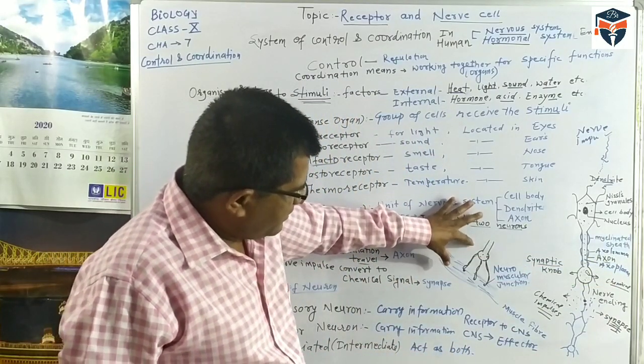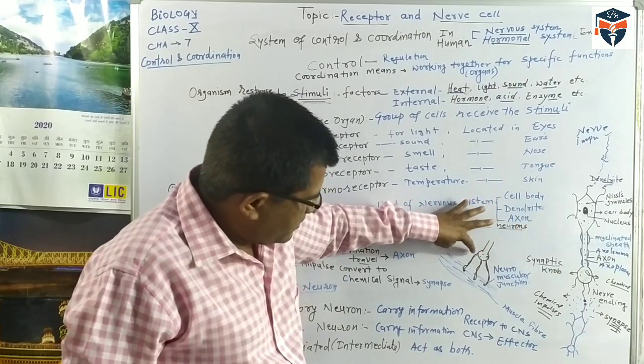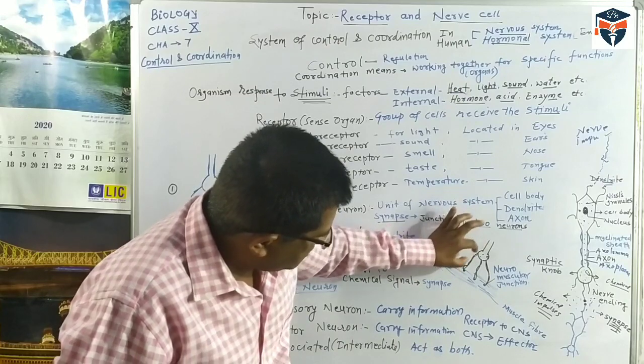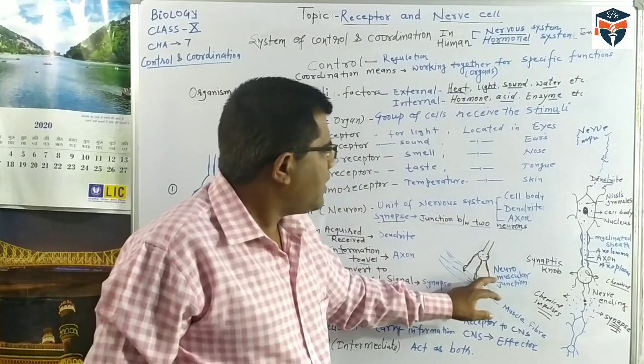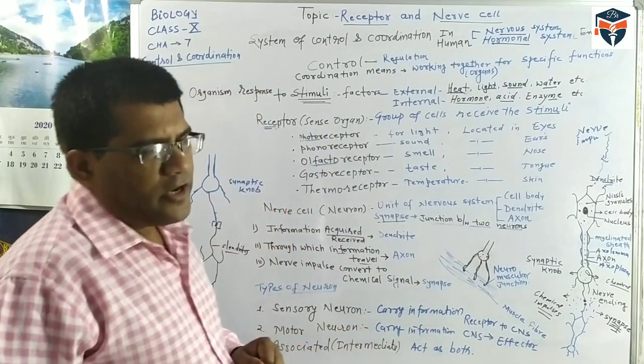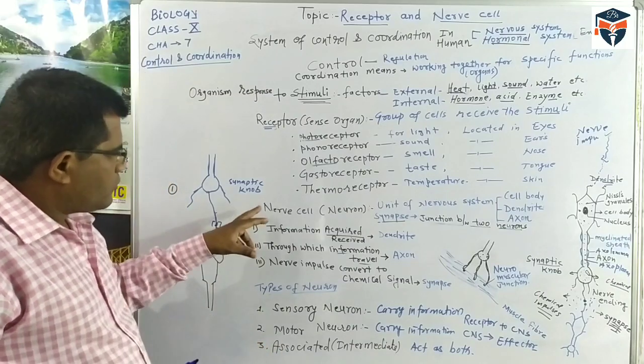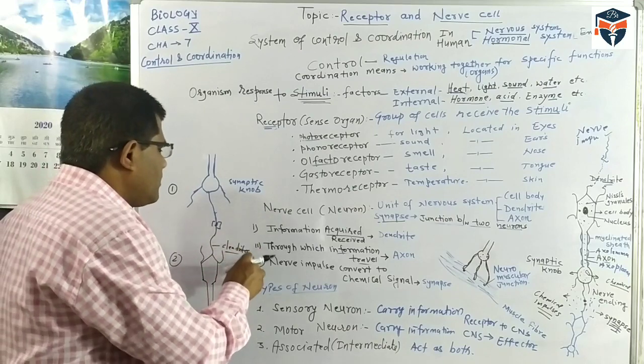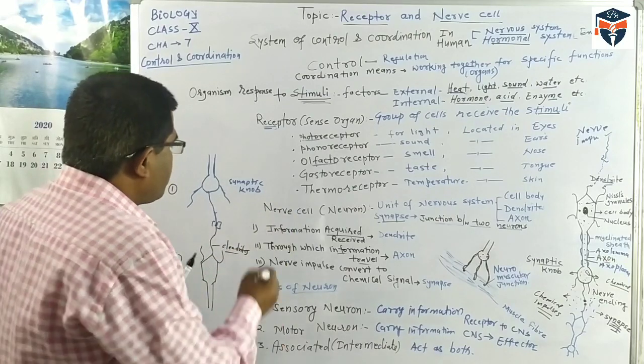Second important part is when nerve endings enter into the muscle fiber, this junction between the nerves and muscle is called the neuromuscular junction. So this part is very important for the class 10th examination.